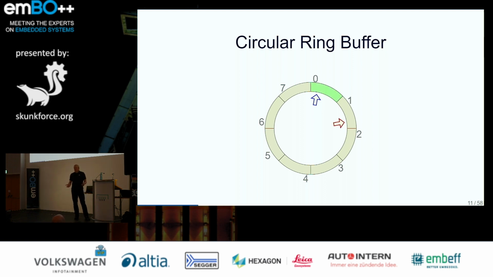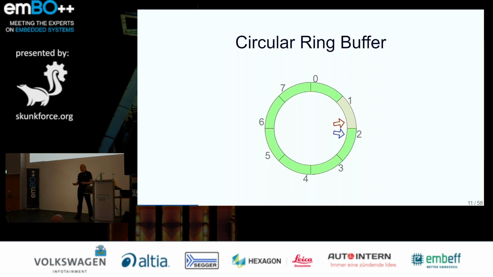Once you write to it, you have one cell written, and the write index is incremented. You can write again, increment the index again. And read, consume it again, and now it's empty, because both indices have the same value and point to the same memory cell. Now we write again, we have a burst, and the buffer's full.